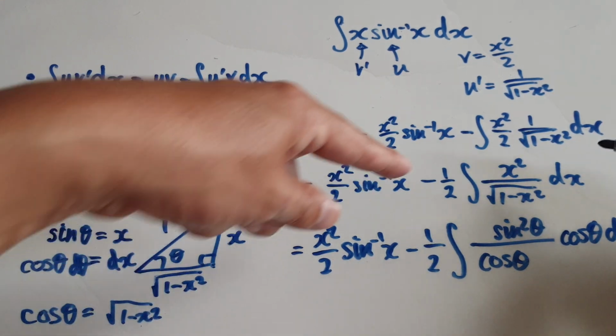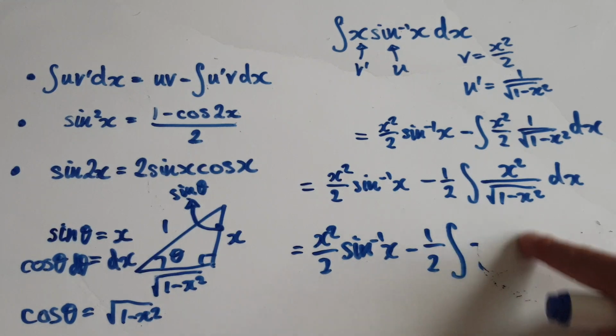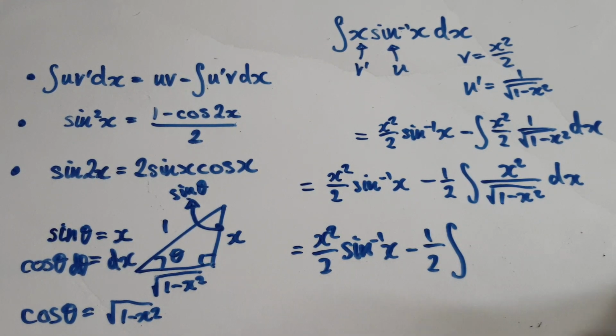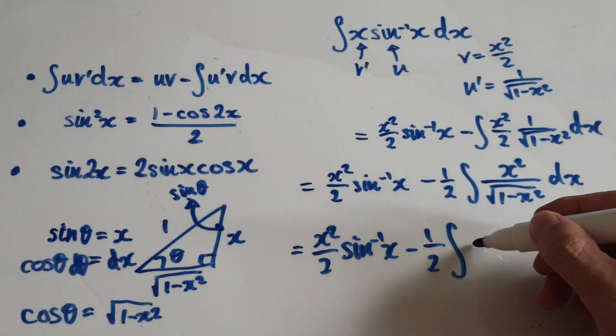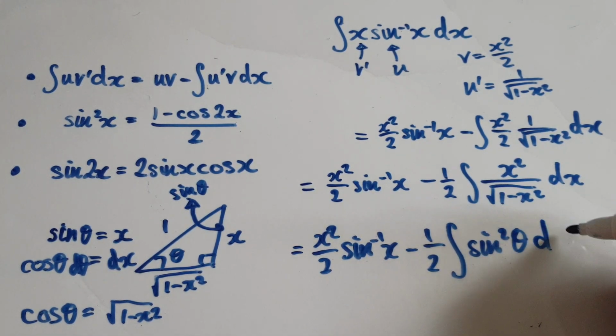Now these two will cancel each other out, giving you sine squared theta d theta.